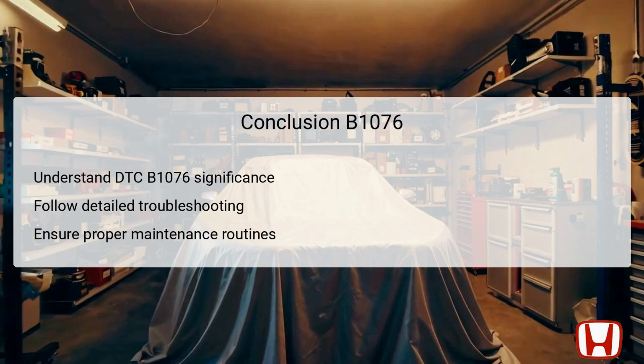In conclusion, DTC B1076 represents a critical malfunction in the windshield wiper switch backup circuit of the Honda Odyssey, which can significantly affect safety by impairing visibility. Understanding the significance of this DTC allows technicians to follow the detailed troubleshooting steps to effectively identify and resolve the underlying issues.